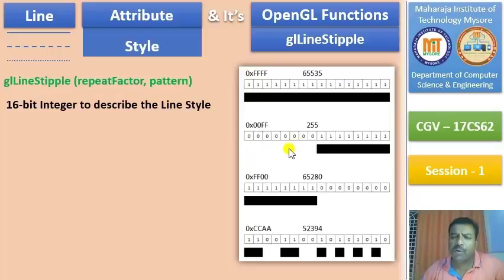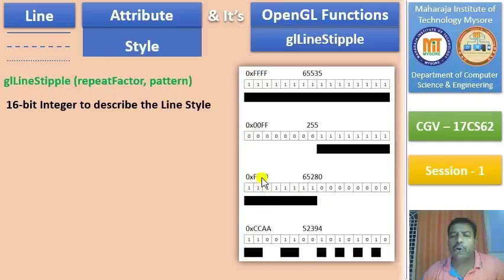And if you observe one more example, FF0, it's similar to this. The equivalent decimal value is 65283. These are all on bits and these are all off bits. And one more example, if I mention CCAA, which is 52394, now this 11 is on, 00 is off, 11 on, and off, on, off, and so on. This is the pattern I have set.